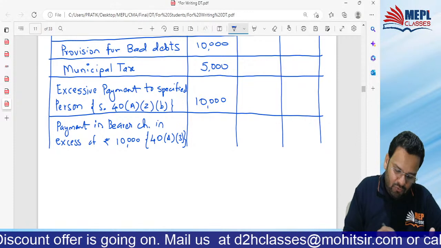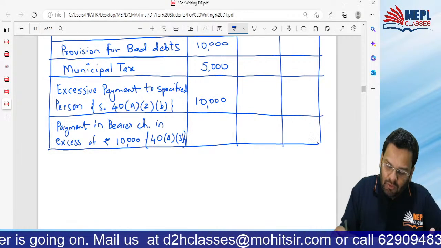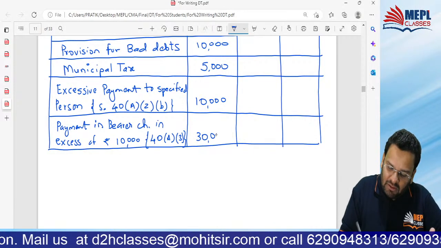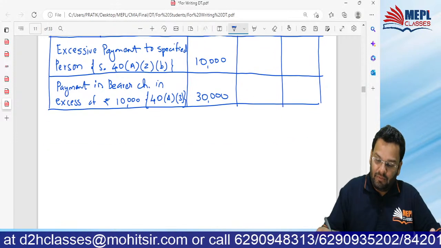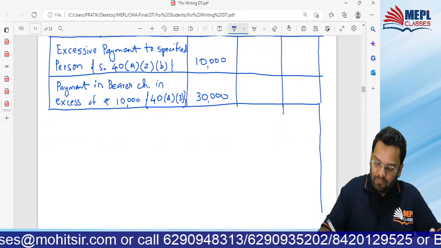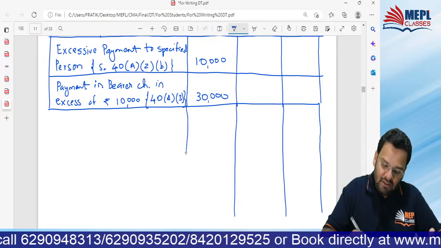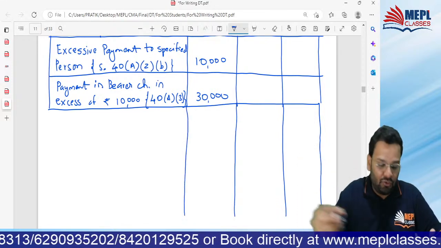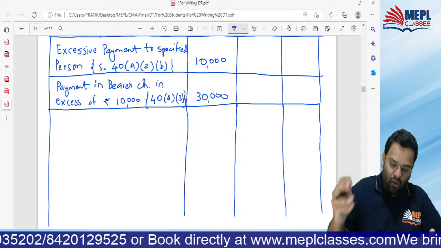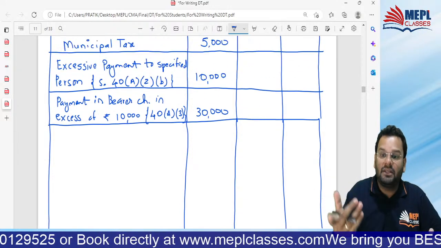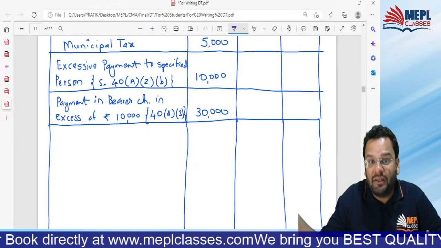So according to this 40A(3), you will disallow the balance 30,000 rupees. Mind you, if there was no disallowance under 40A(2) in this case, then the entire 40,000 you will disallow according to 40A(3), because anyway the whole payment is made in bearer check.